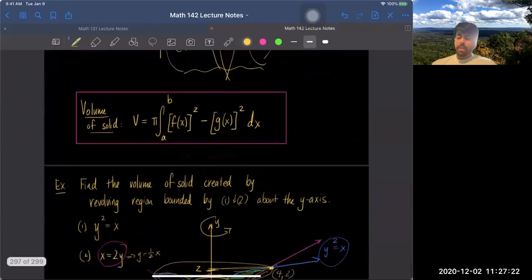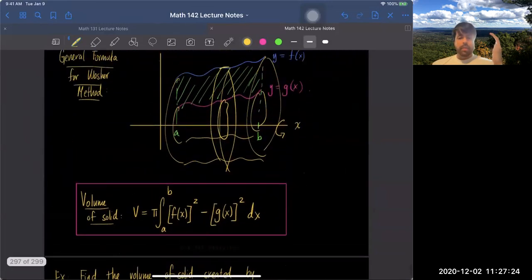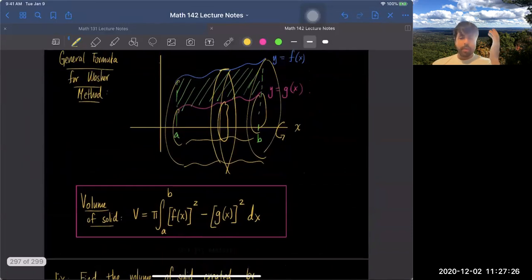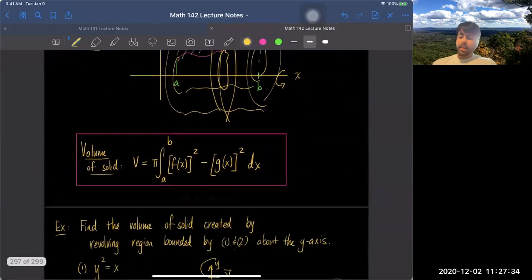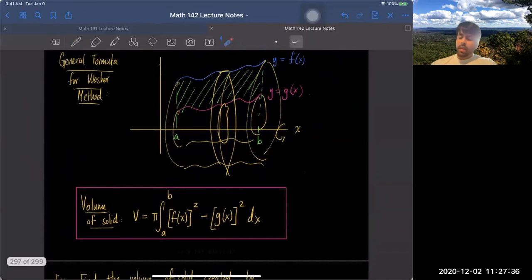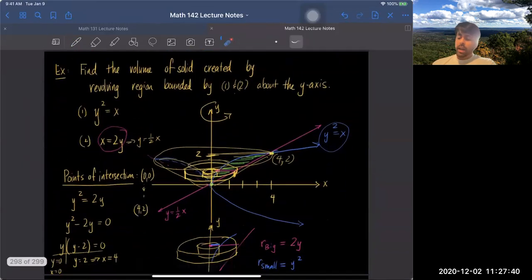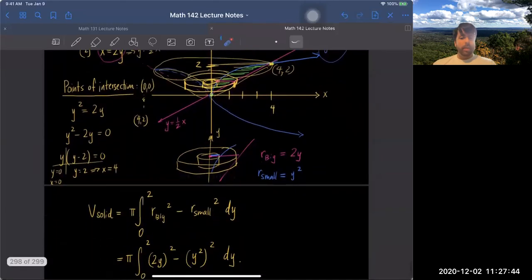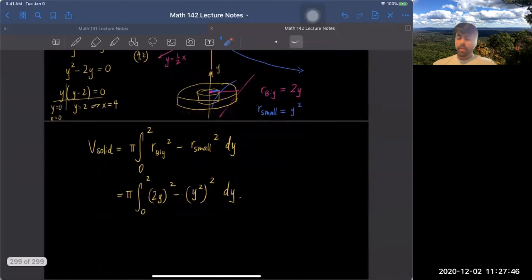We're using the same idea that we've used for the previous example, where we find the radius of the big one and subtract the radius of the smaller one. The difference is that the radii here are functions of x, but the radii here are functions of y. That's the only difference. And that might sometimes be a big difference for some, but that's the difference.